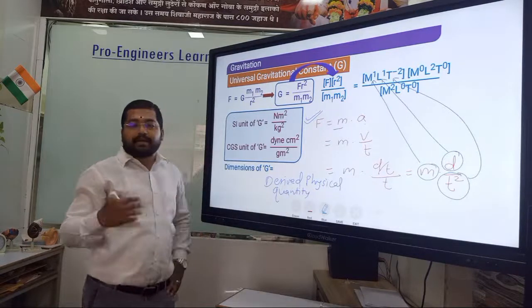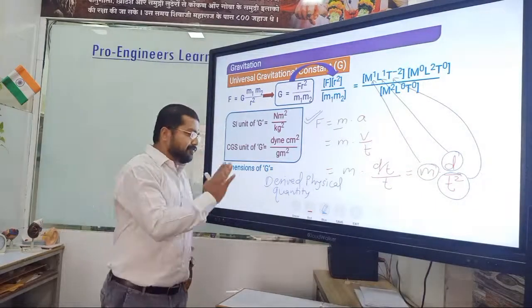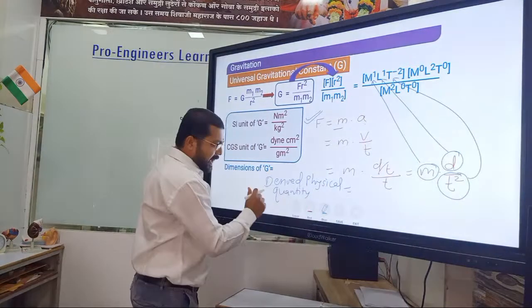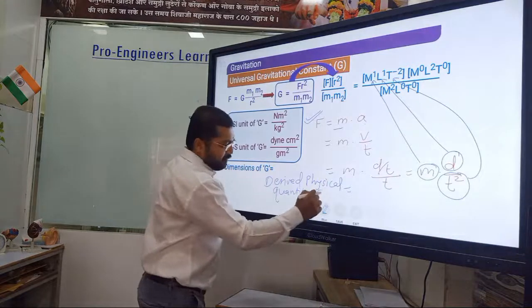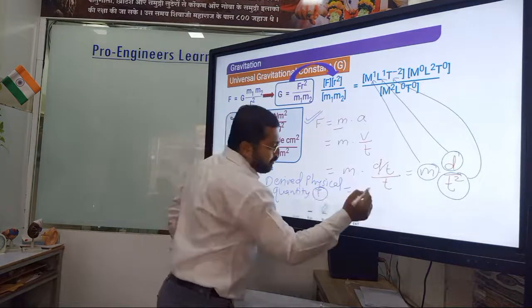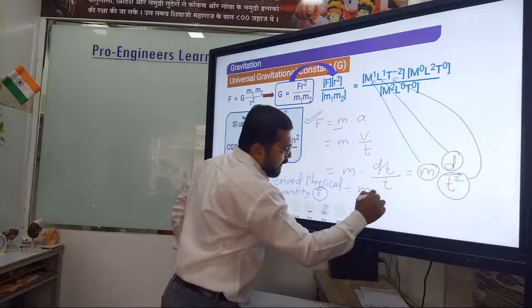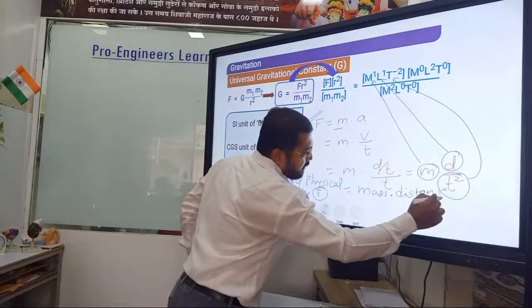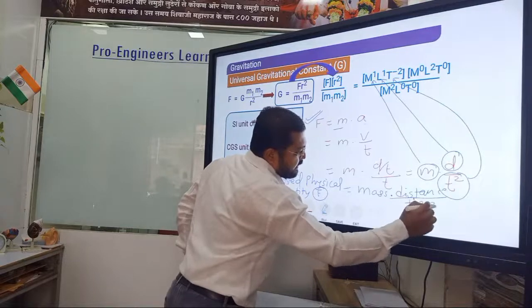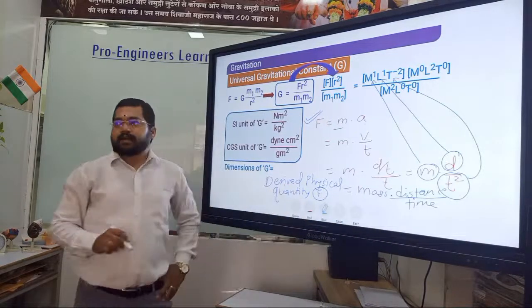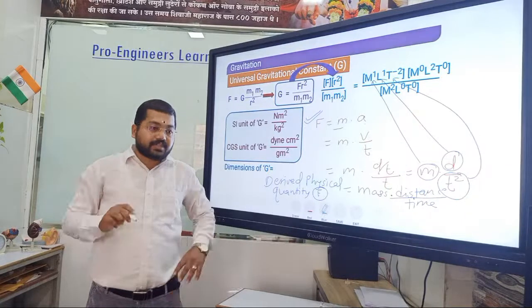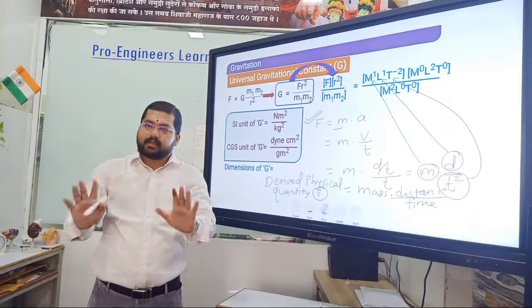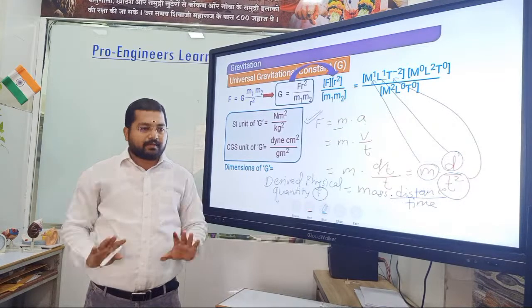For those who are not aware what is a derived physical quantity and what is a fundamental quantity, we have derived the physical quantity F from the fundamental quantities of mass, distance and time. These are fundamental quantities which cannot be derived from anything else, they depend uniquely on themselves.